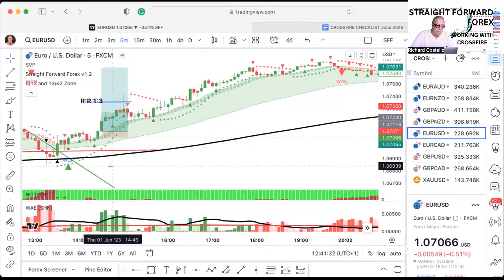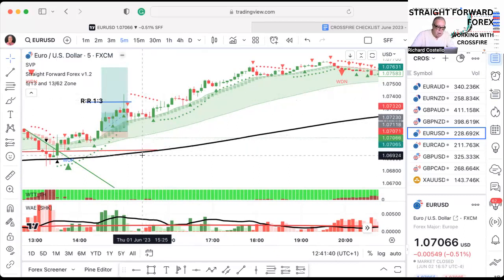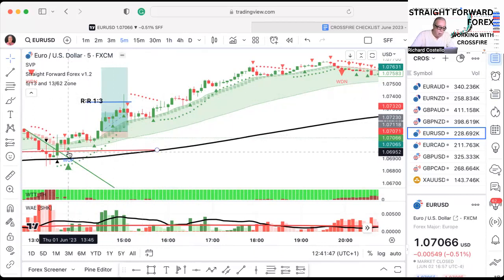So I was explaining that if I was going to get into this trade, this is a trade that I took the previous day. Before getting into trade, I need to decide where my stop loss is going to be. And I was explaining that one suggested stop loss would be the bottom of this candle here, which is not only a wave up candle, but it's also a bull engulfing candle.